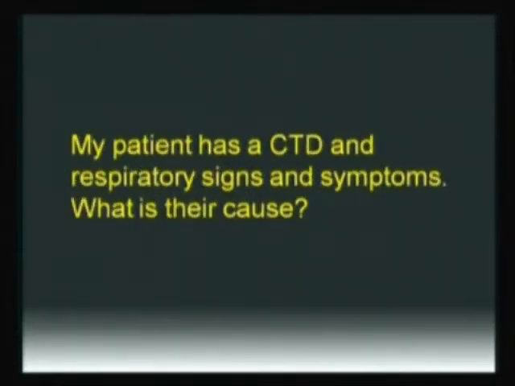The next question is the following. My patient has a connective tissue disease and respiratory signs and symptoms. What is their cause? It's not an obvious answer to this question. It's not always the case that the respiratory symptoms are directly related to connective tissue disease.